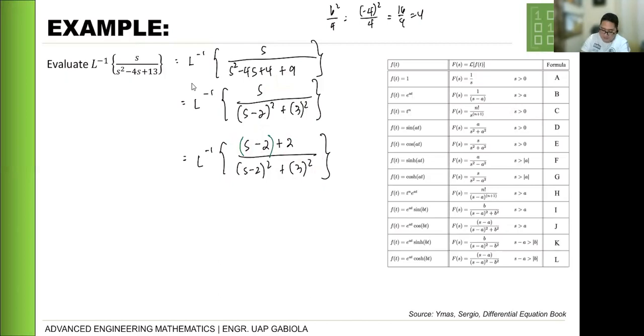Okay? So, L negative 1, S minus 2 over S minus 2 squared plus 3 squared, plus L negative 1, 2 over S minus 2 squared plus 3 squared.